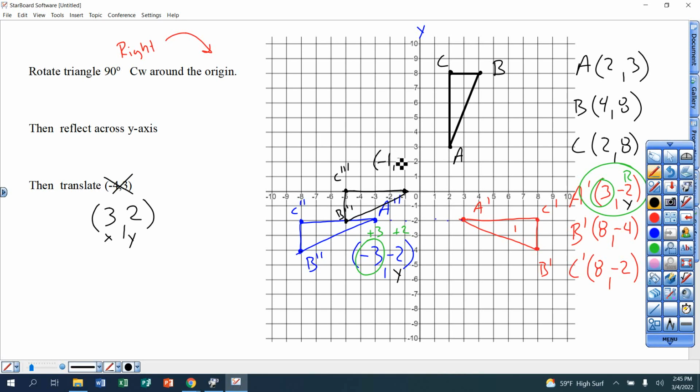Let's check my math on that one there. So adding 3. Oh, I see my mistake. That point right there, if that's right. What is going on there? What math did I do wrong? Let me see.